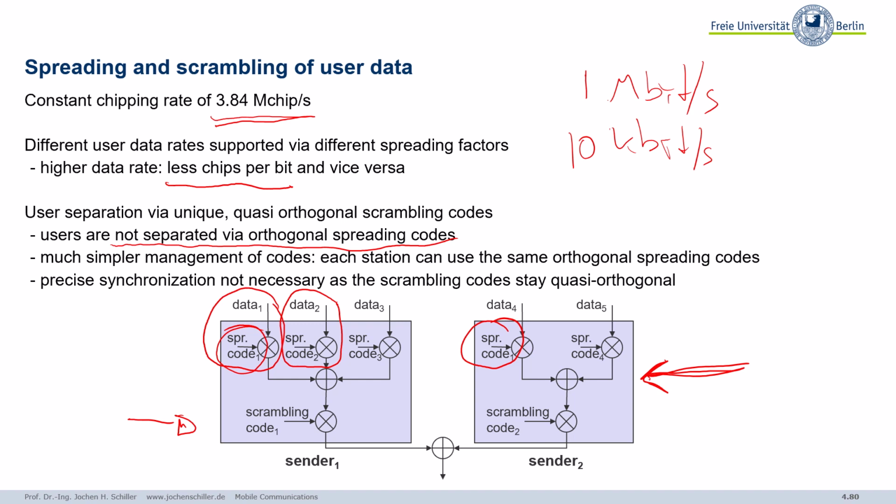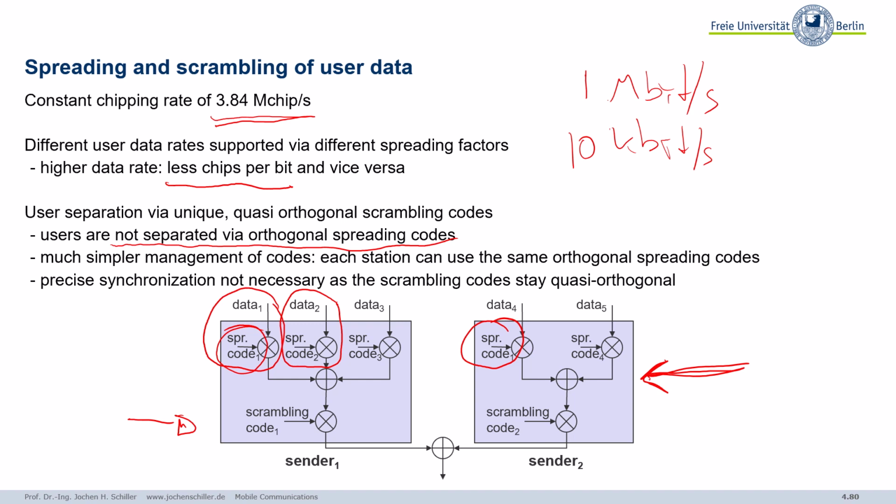And then we send the data over the air, signals superimpose, and then the receiver, knowing the scrambling codes, can actually de-scramble the data depending on the senders. And then you perform the de-spreading, knowing the spreading codes, and then you have the original data again. Big advantage is that we do not really precisely have to synchronize the different senders.